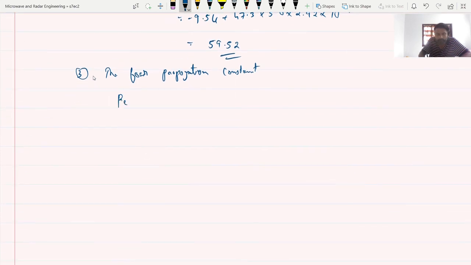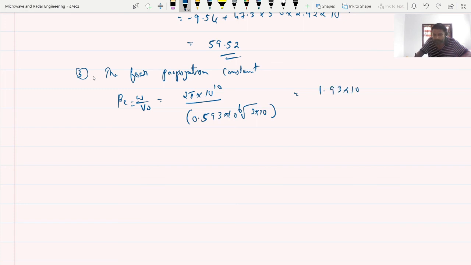For that, beta e equals omega by V naught, which is nothing but 2 pi into 10 raised to 10, where f is 10 gigahertz, divided by V naught, which is 0.593 into 10 raised to 6 into root of 3 into 10 cube. That gives 1.93 into 10 raised to 3 radian per meter.